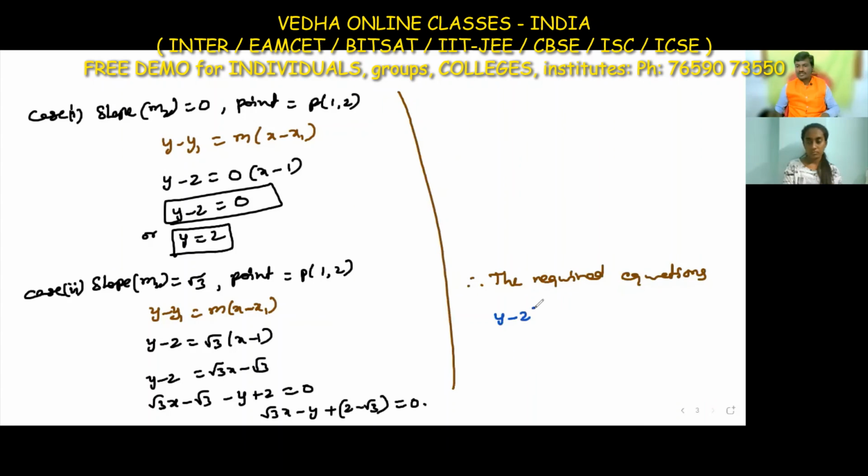One is y minus 2 equal to 0, and the other equation is root 3x minus y plus 2 minus root 3 equal to 0.